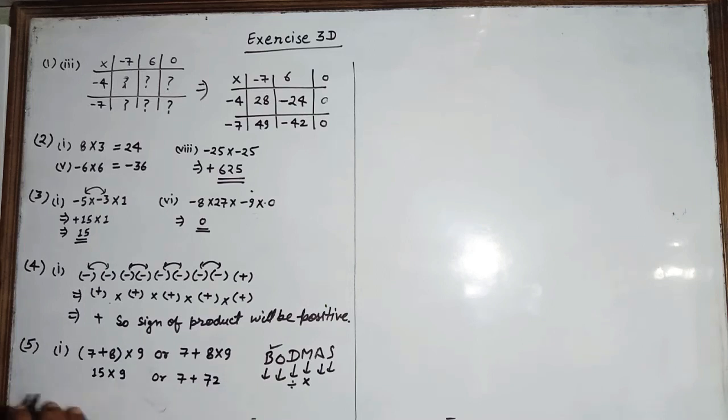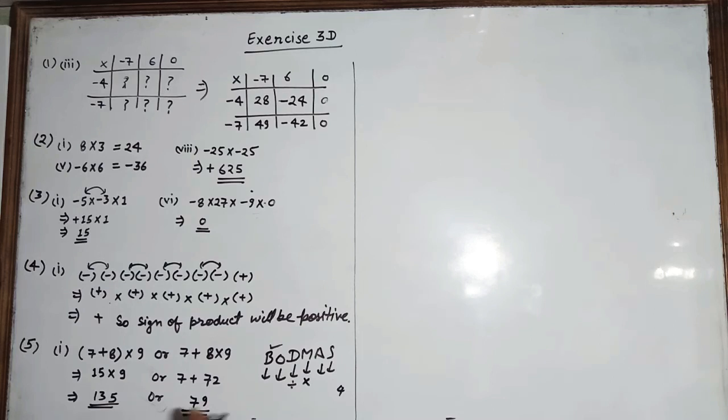Now we will compare these. 9 times 5 is 45, carry 4. 9 times 1 is 9, plus 4 is 13, so it will be 135. The other one will be 7 plus 72, which is 79.